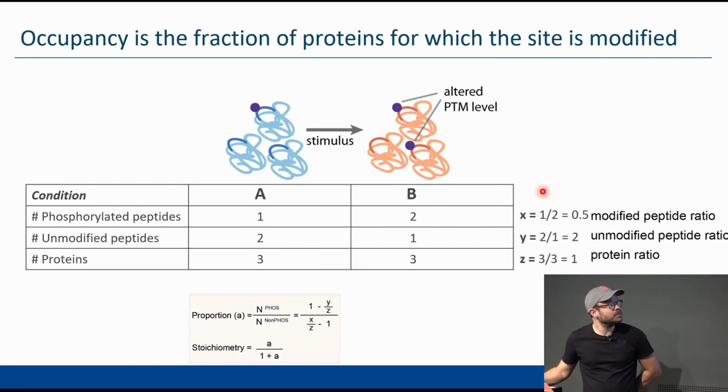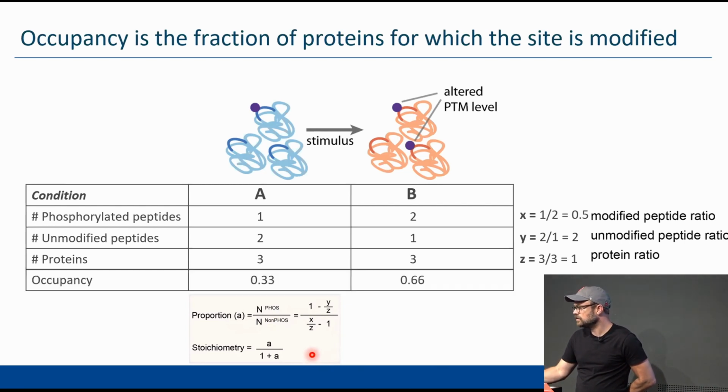Using these values, the so-called proportion A can be calculated using this formula, and then we get the stoichiometry or occupancy by this formula, which results in an occupancy of 2/3 for our condition B compared to condition A, or without stimulus.